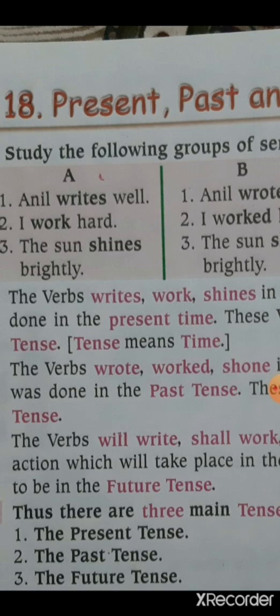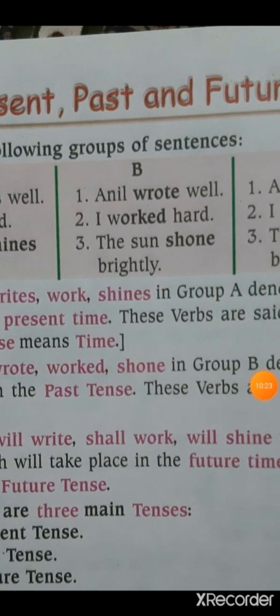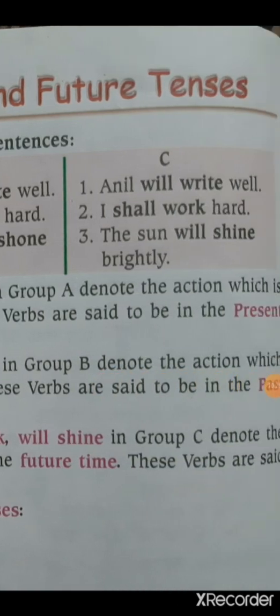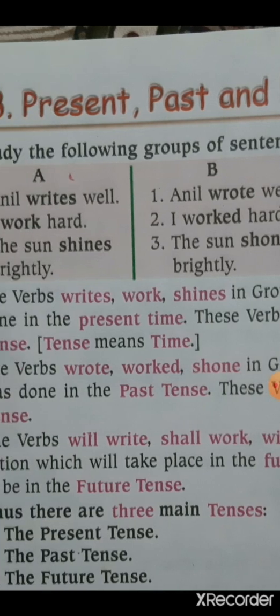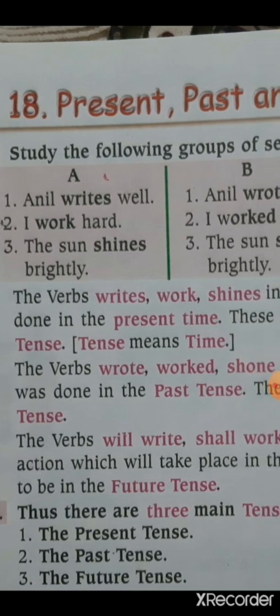Writes, work, shines जो है ये तीनों वर्ड्स क्या है? वर्ब है. Okay, in the group A, और ये सब denote कर रहे हैं एक्शन को. क्या बता रहे हैं? एक एक्शन है और ये which is done, जो कि कब किया गया है. Anil writes well, I work hard, the sun shines brightly. Done in the present time.